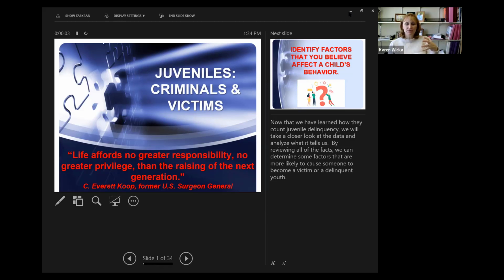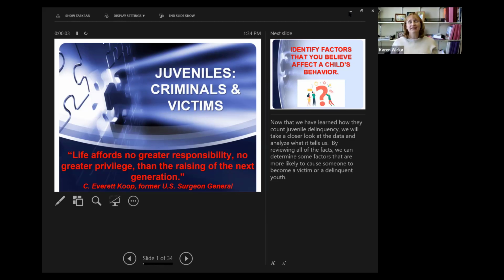These are variables that, if they're present, are more likely to increase delinquency or are more likely to protect juveniles from becoming delinquent. They're not direct causation. We can't say if you have this factor, you will absolutely become delinquent. They are just things that we can look at and see that they may pose a risk of becoming more delinquent. Okay?